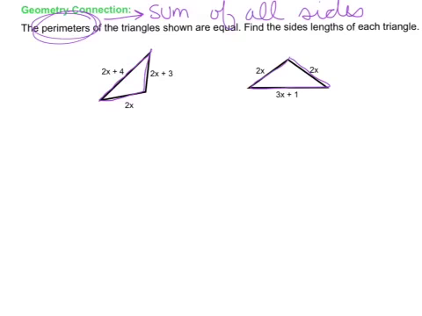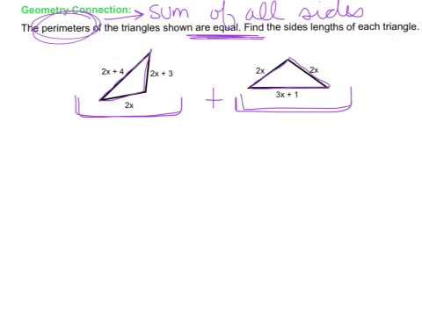And then if it says the perimeters are equal, what we need to do is we need to take the perimeter of our first triangle and add it to the perimeter. Not add. If they're equal, what am I thinking? We're going to set it equal to the perimeter of the second triangle.